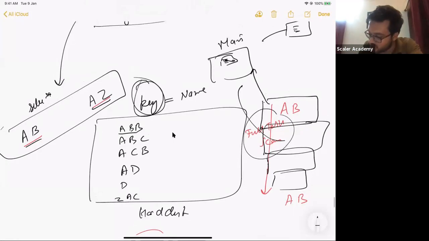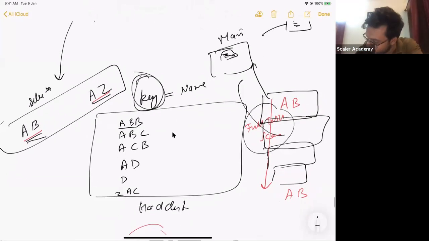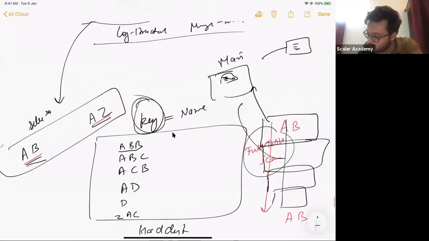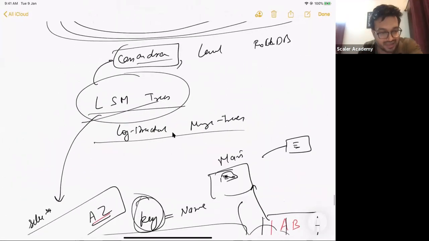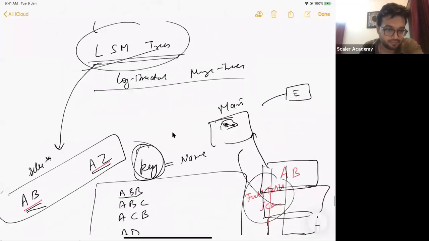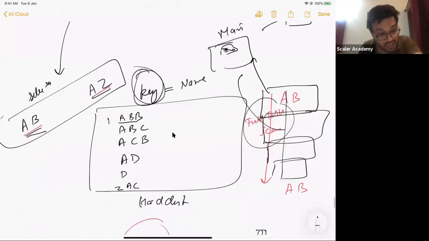So now, just because you want to do a query like this, storing them based on timestamp is not going to help. You have to make use of LSM trees, which will allow you to store data based on keys. And now that the data is stored by keys, you have an index. You can have an index here which will tell you that rows starting with AB start from this page ID, and rows starting with AC start from this page ID, and so on and so forth.